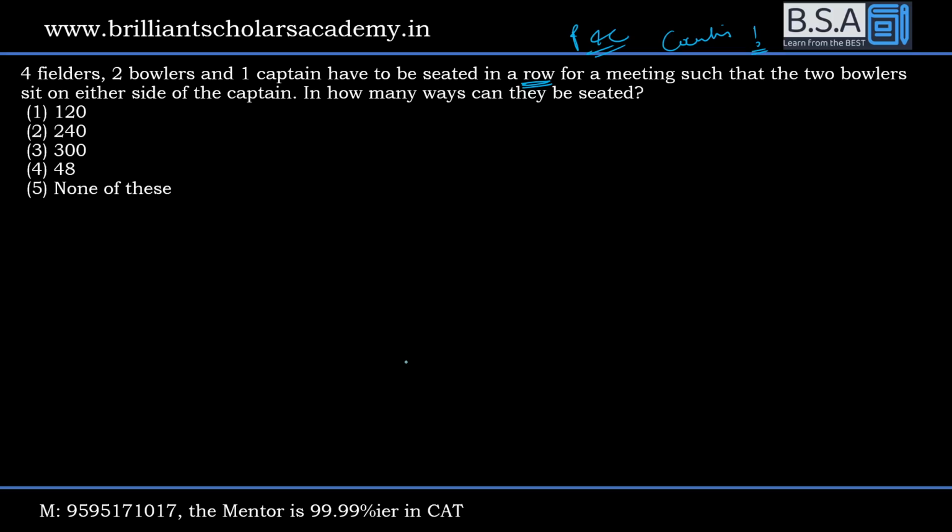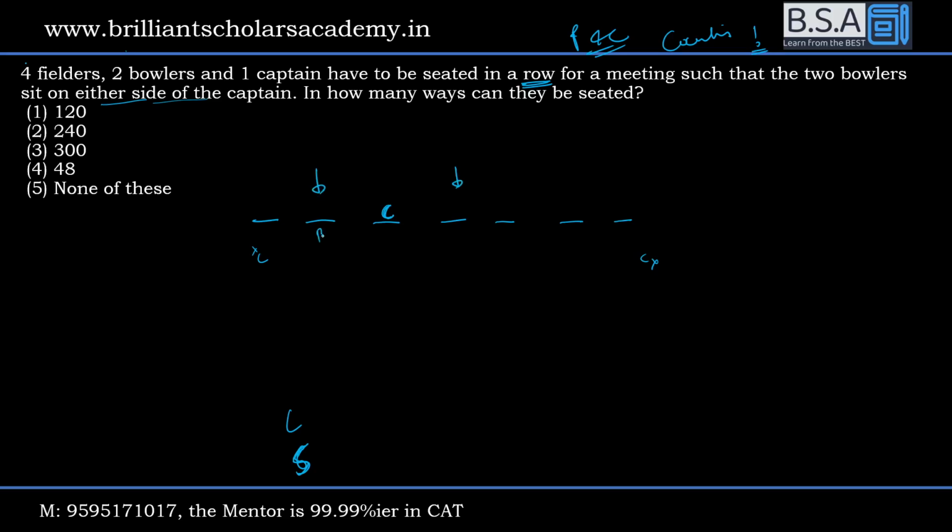So one way is, आप arrangement मन में रख के शुरू करो. 1 2 3 4 5 6 7: 4 plus 2 plus 1, 7 places. क्योंकि कैप्टन के आसपास 2 लोग बैठेंगे, तो captain cannot be here, captain cannot be here. तो captain has got 5 choices. एक बार captain साहब बैठ गए, can I say यहां और यहां पे bowlers आएंगे.